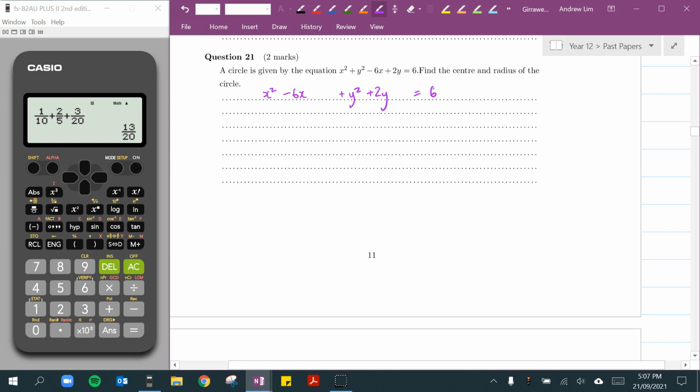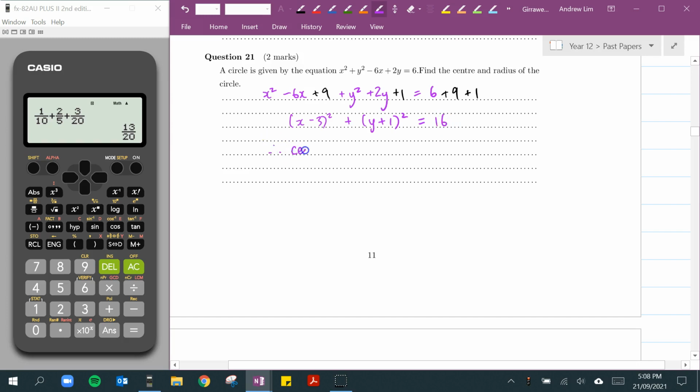And I'm going to complete the square for both of these. Half of 6 is 3. 3 squared is 9. So I'm going to add 9. Half of 2 is 1, and 1 squared is 1. So I'm going to add 1. So that means we've got x minus 3 squared plus y plus 1 squared is equal to 16.